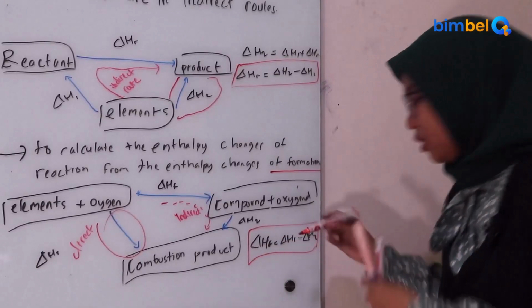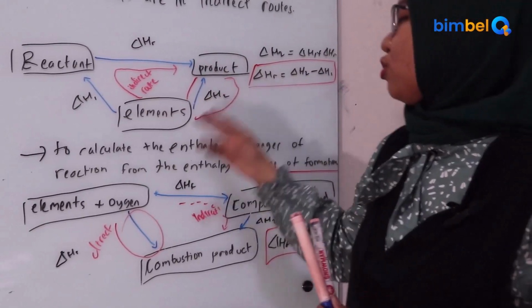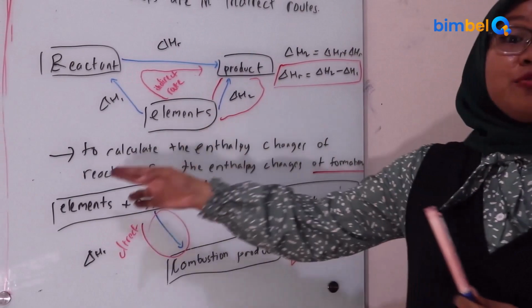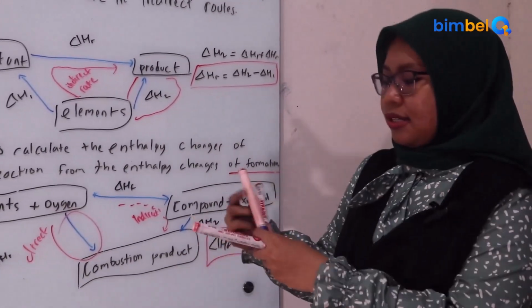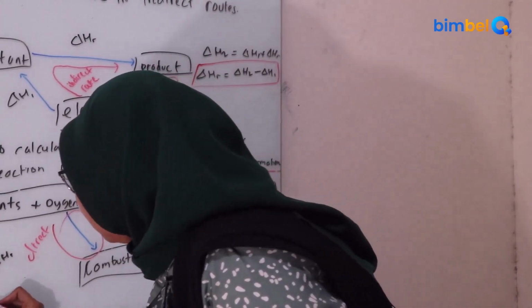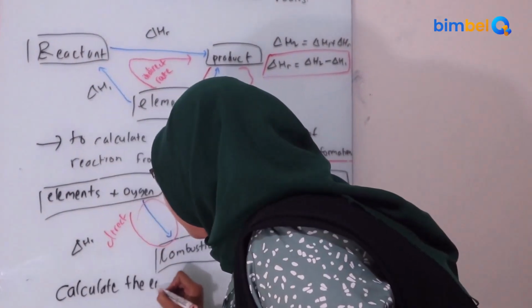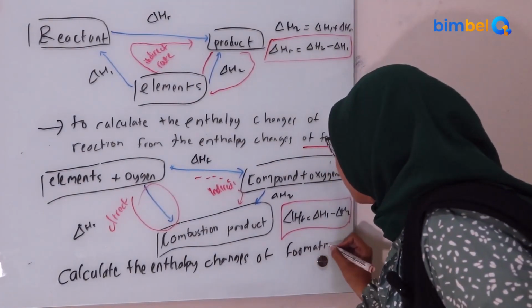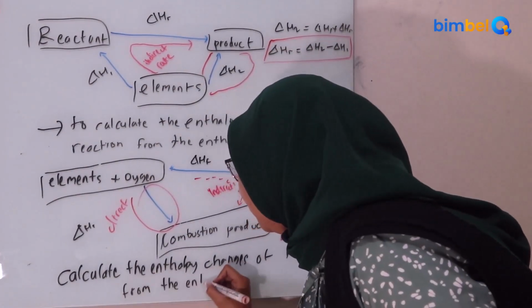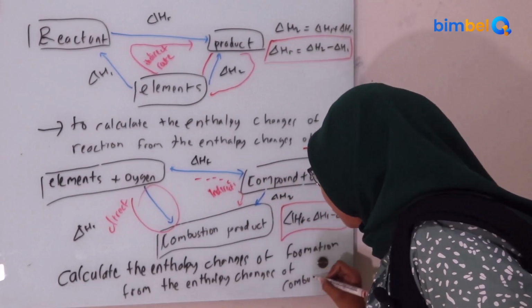I'm going to make a box for this. This diagram is used to calculate the enthalpy changes of formation from the enthalpy changes of combustion.